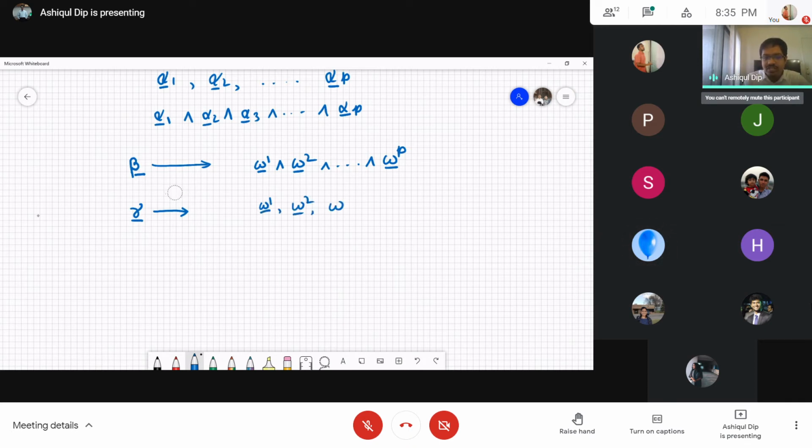Okay, let's do it in 3 dimensions. That would be easier for everyone, I think. If it is in 3 dimensions, then we'll have just 3. Now you can choose to make a 2 form. You can pick any 2 of these 3, right? If you take the first 2, you'll have omega-1 wedge omega-2. How many possibilities do you have? Let's start by allowing the same thing twice.